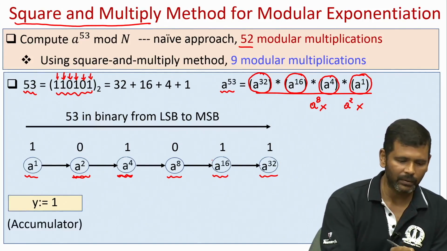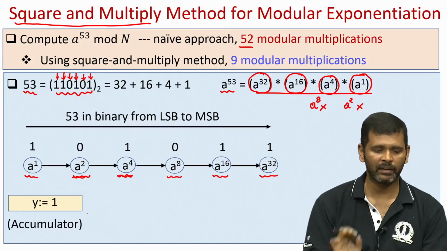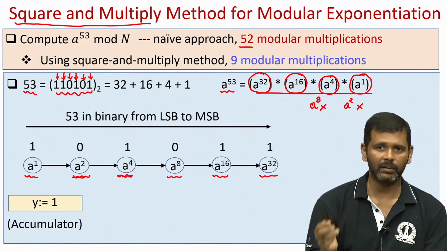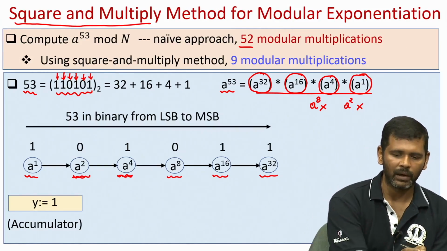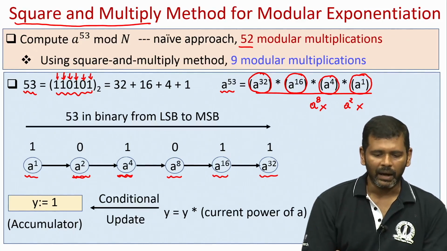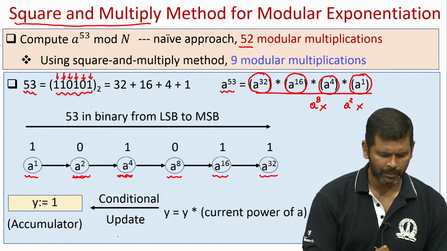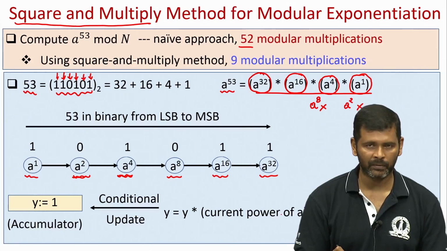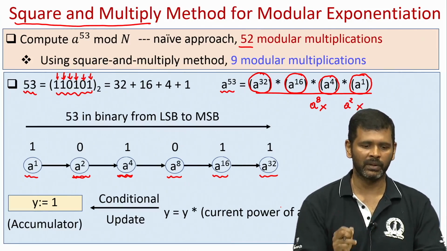So, I will initialize an accumulator variable here, which will store my final result. As my algorithm proceeds, the value of my accumulator will keep on changing depending upon how I accumulate the different powers of a. In each iteration there will be a conditional update depending upon whether I am accumulating the current power of a or not, which depends upon my current bit in the exponent.